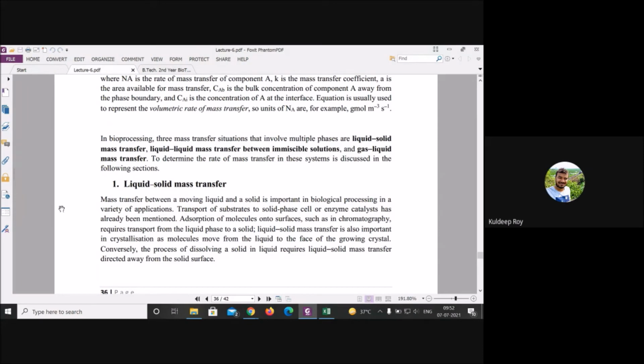Transport of substrate to a solid surface like your cell or enzyme catalyst has already been mentioned. The adsorption of molecules onto a surface, such as in chromatography, requires transport from the liquid phase to a solid, which is liquid solid mass transfer. It is also important in crystallization, as molecules move from the liquid to the faces of the growing crystals.